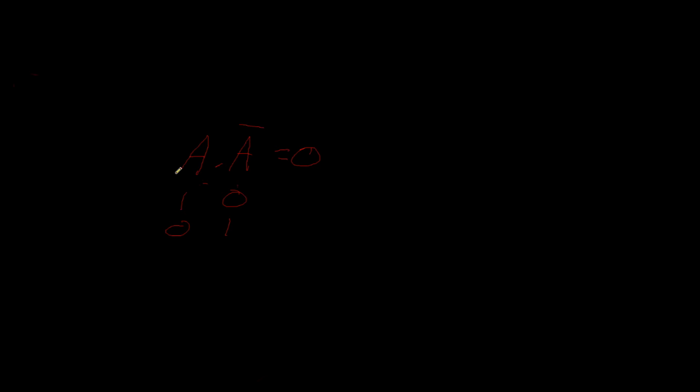When you AND something together, both inputs have to be 1 to give you an output of 1, so these are always going to give you 0. So if you've got a AND not a, that will always give you 0, which is something else that's useful to remember, because it's going to be useful a lot later on when you're doing some of these calculations.